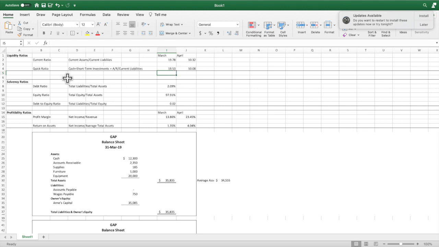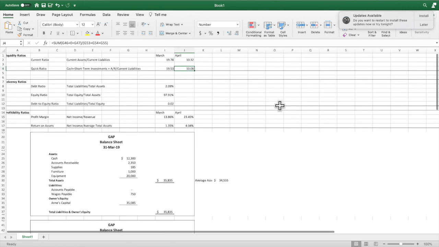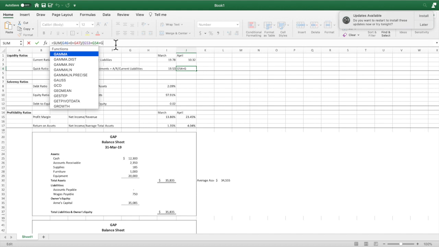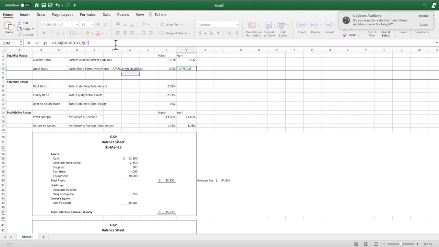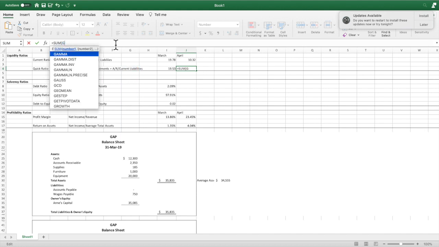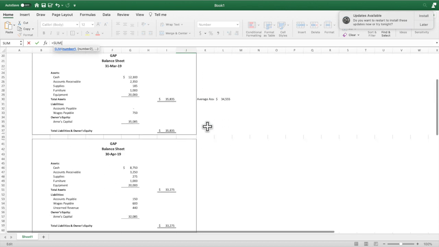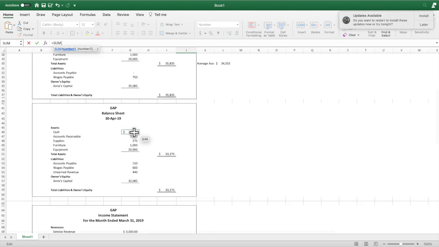Now we're going to look at April's, and we're going to do the same thing, but we're going to add all the liabilities together, right? So we're going to go, one second, I'll delete this, equals sum of, we've got our cash plus 0 for our investment plus our accounts receivable.